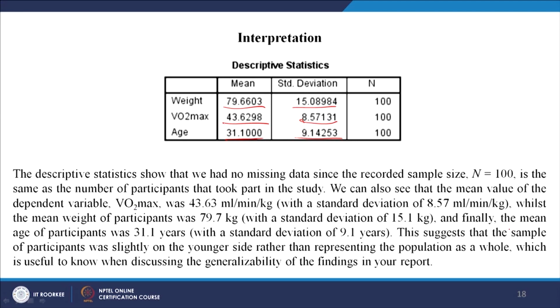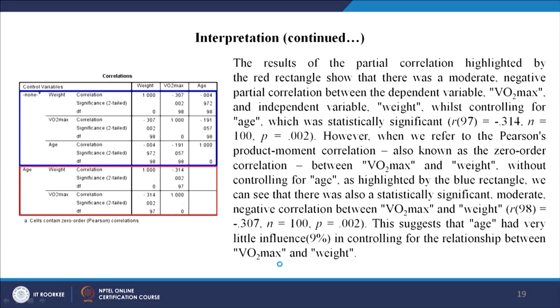This suggests that the sample of participants was slightly on the younger side rather than representing the population as a whole, because it is 31, which is useful to know when discussing the generalizability of the findings in your report.